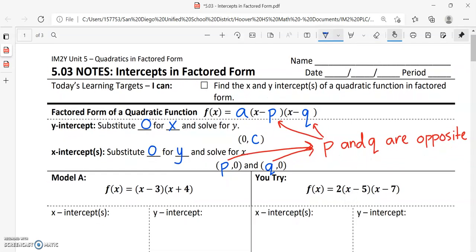So we've been working on quadratics in factored form, which is this form right here. It is different than vertex form. Our vertex form looks something like this.